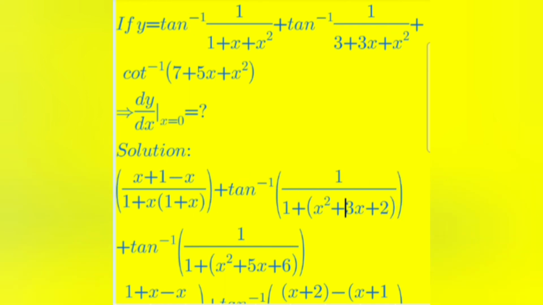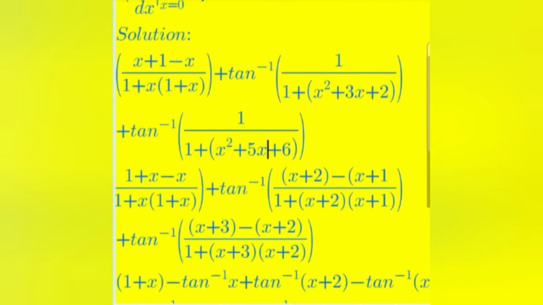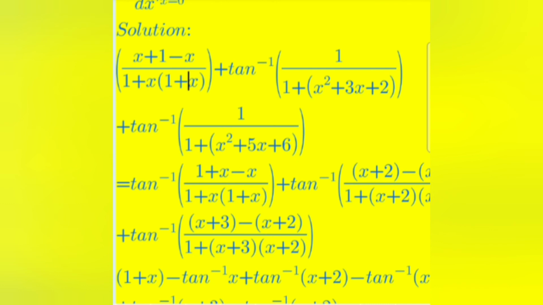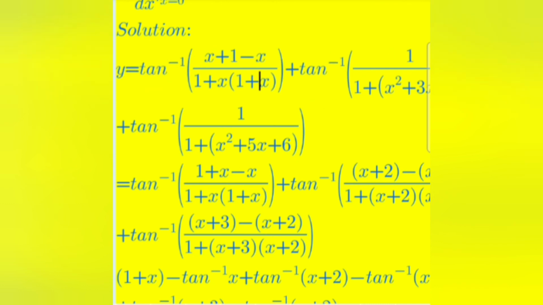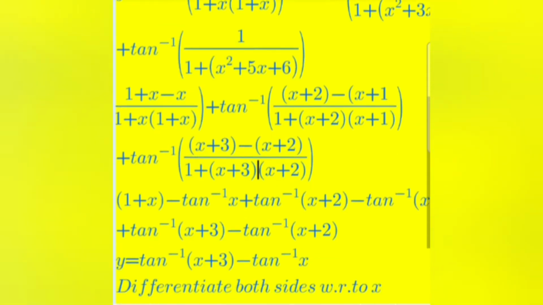So now y can be written as tan inverse 1 over 1 plus x squared, and same for the second part and the third part. See the writing: tan inverse (1 plus x) minus x is 1 over 1 plus x into (1 plus x), and same for the second and the third.